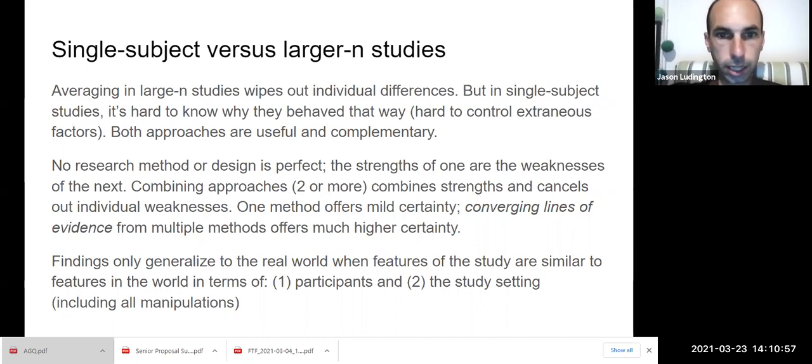So these are just two broad and general features of studies and what makes the results more or less externally valid.